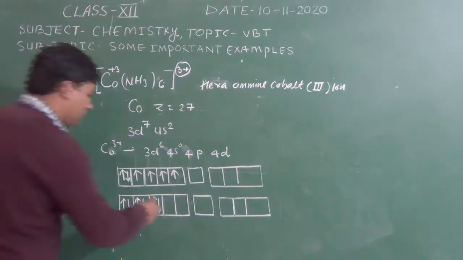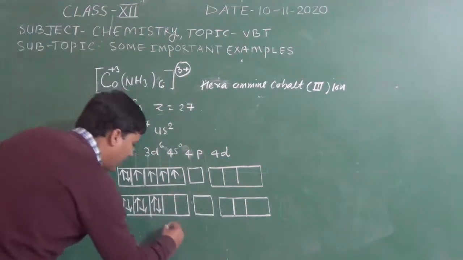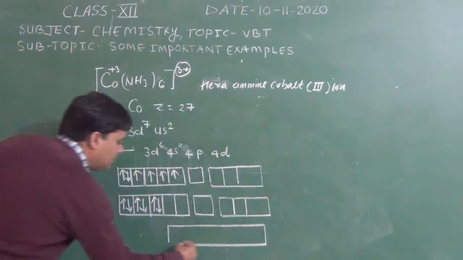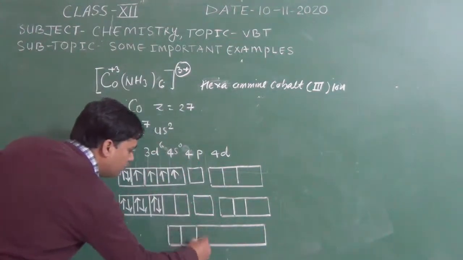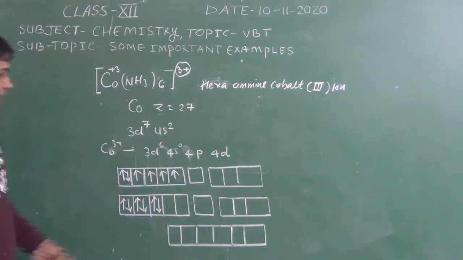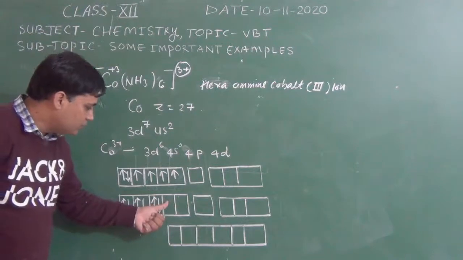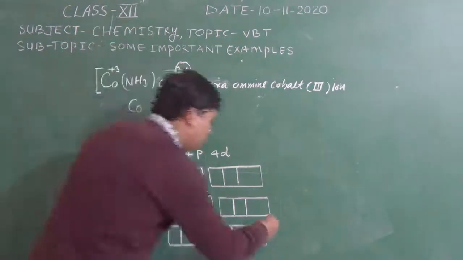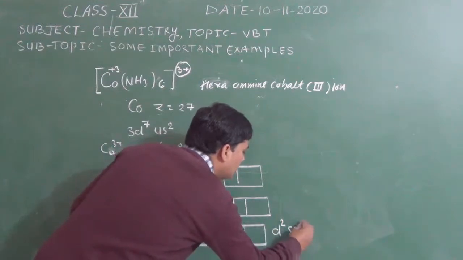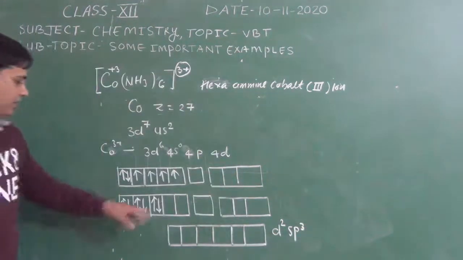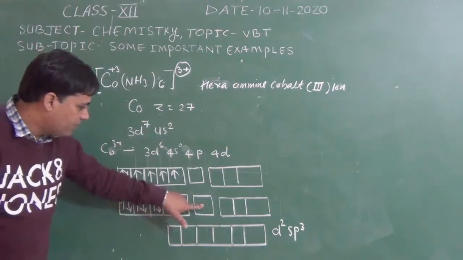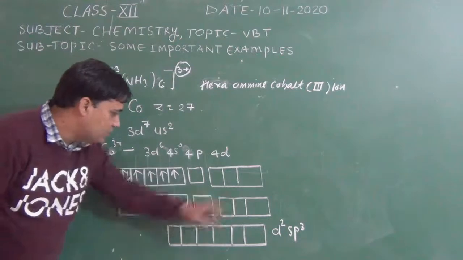So these orbitals can be hybridized and form orbitals of equivalent energy, 1, 2, 3, 4, 5 and 6. So the hybrid orbitals are d2sp3. So this type of hybridization is known as d2sp3 because inner d orbitals are involved. Then this is 3d, this is 4p and this is 4s and this is 4p.